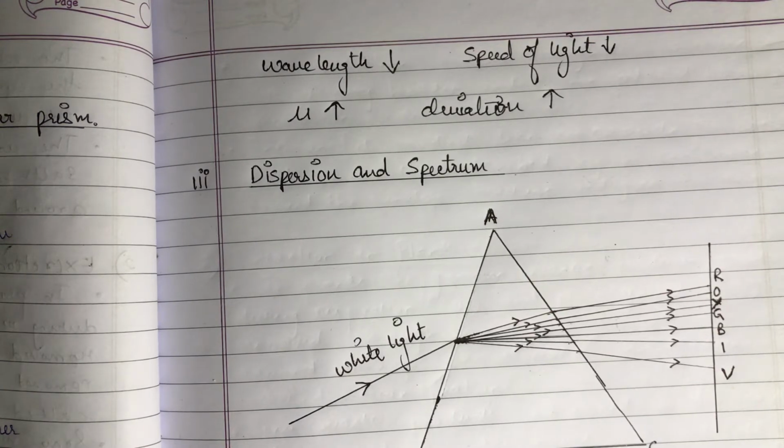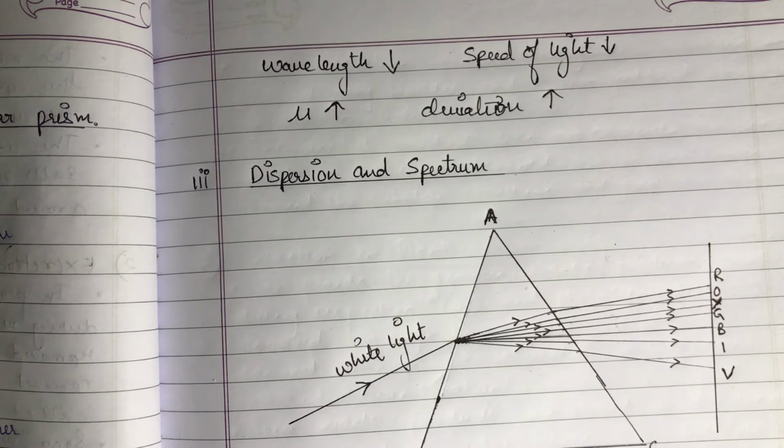If the light entering the prism is not of a single color, it means it is a mixture of several colors. Then the emergent beam also has different colors arranged in a definite order. This happens because light of different colors has different speeds in a medium.